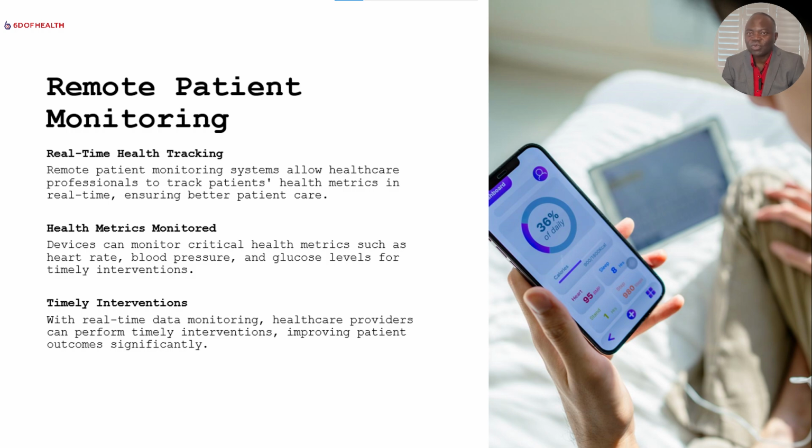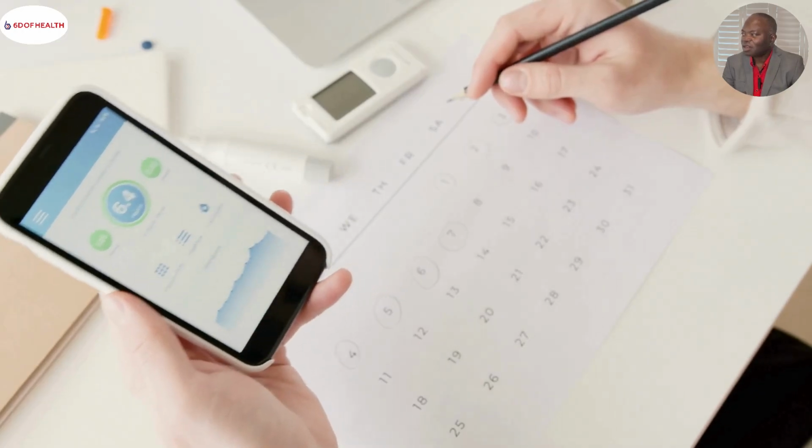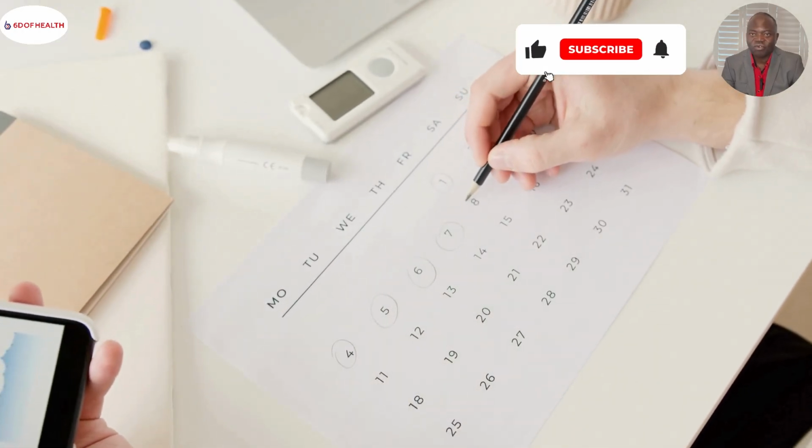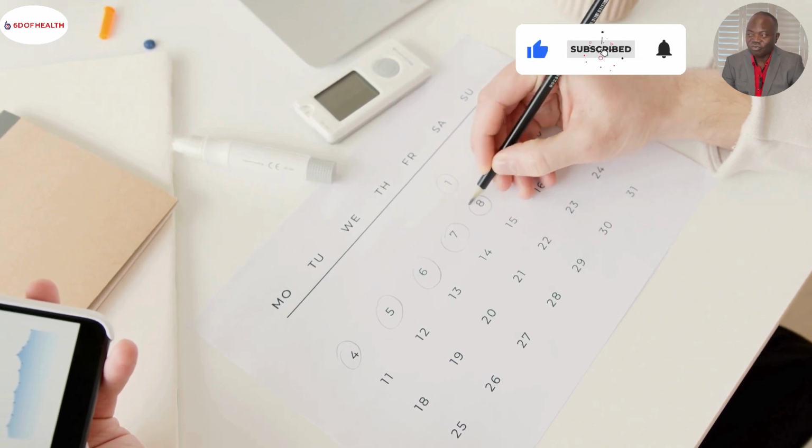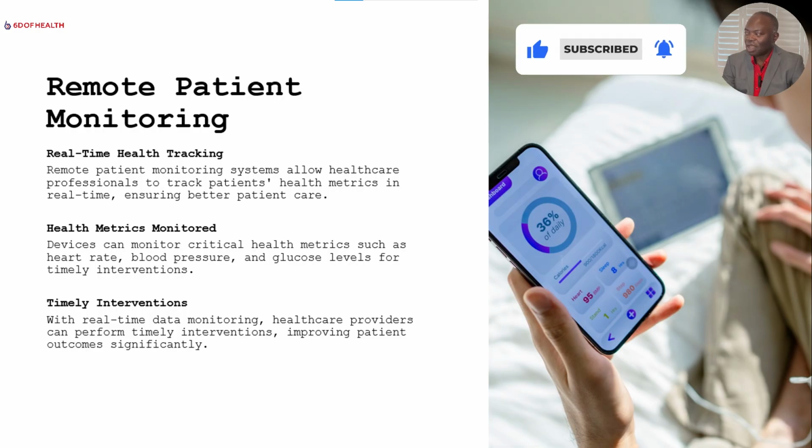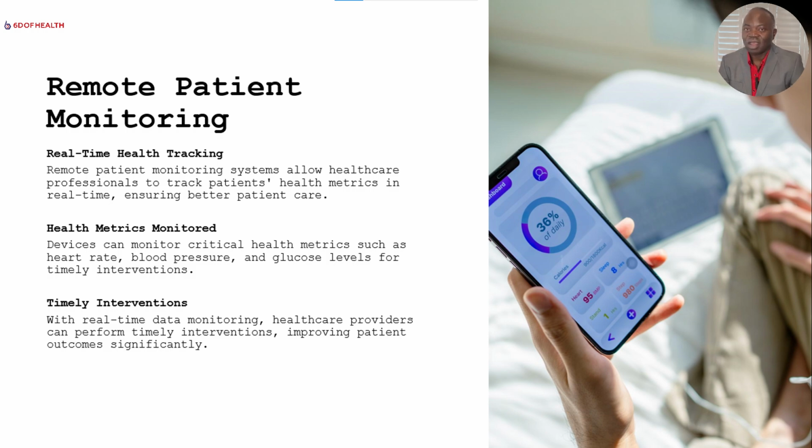So the roles and the application of these remote devices may include real-time health tracking, health metric monitoring, and timely interventions. In terms of real-time health tracking, this allows professionals to track patient health metrics in real time, and we now have emerging metrics, like in the hospital we use the NEWS score for monitoring adult patients' observations.